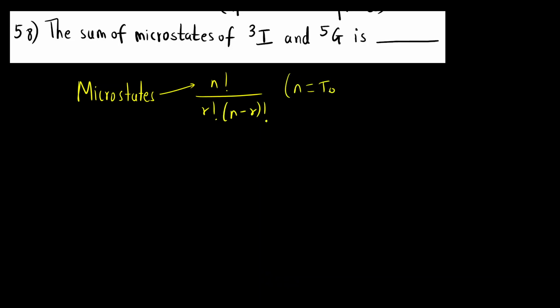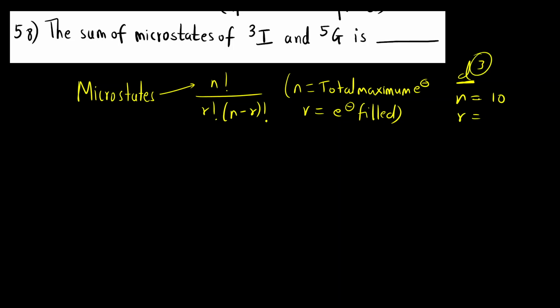N is the total maximum electrons that can be accommodated. R is the electrons that are filled. Suppose I write D3. D means maximum is 10, so the value of N will be 10. R will be the electrons filled, which is 3. In this way you can solve.